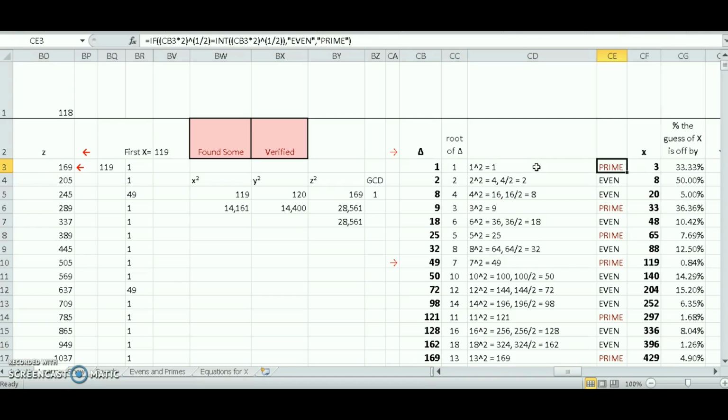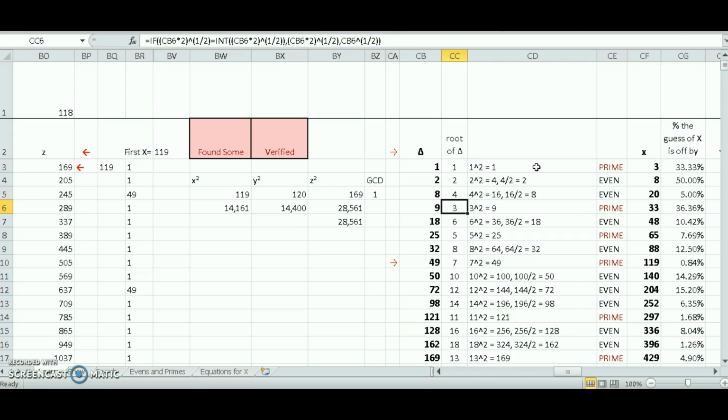So it's either a prime number or an even number. So 1 is, in this case, we're calling 1 prime. I know it's not normally prime, but it's 1 now. 2 is, of course, even. It's also prime, but in this equation, it's being used as an even. 4 is obviously even.